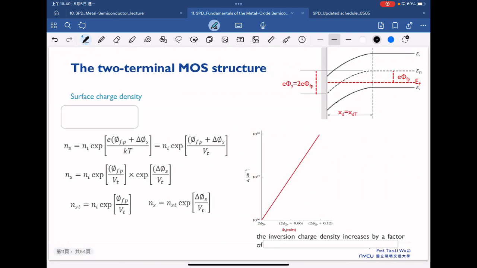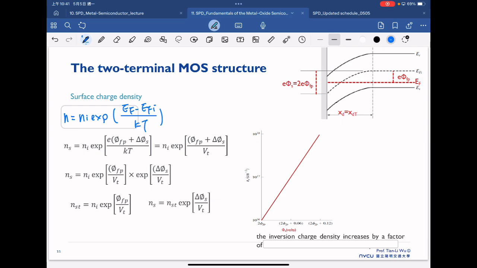Okay, to move on. As we already mentioned, our electron concentration Ns is proportional to a certain exponential. So we will be interested in understanding the surface charge density, where n is equal to ni exponential (EF minus EFi) over kT. This is an old equation that we already mentioned.